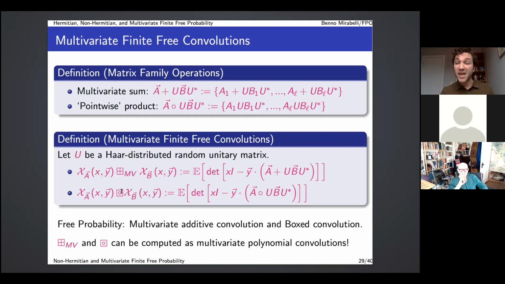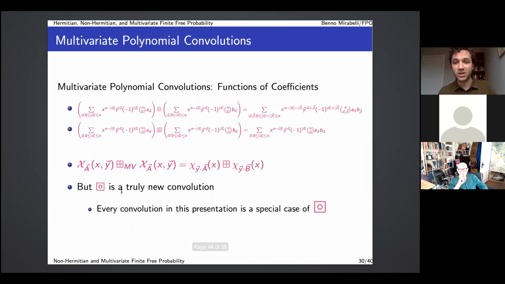And like I was saying, amazingly, this too is now a multivariate polynomial convolution. And by that, I mean that given the multivariate coefficients of my two original multivariate characteristic polynomials, I can directly compute the coefficients of the output multivariate polynomial for both the finite free additive convolution in the multivariate case and the finite box convolution.